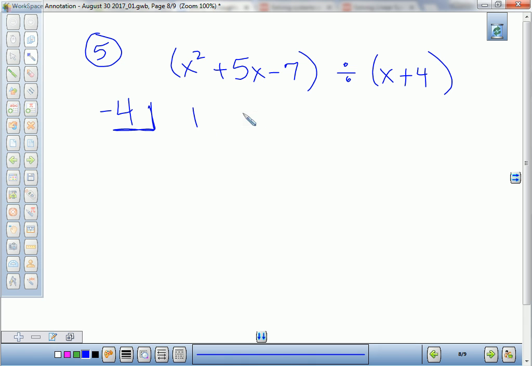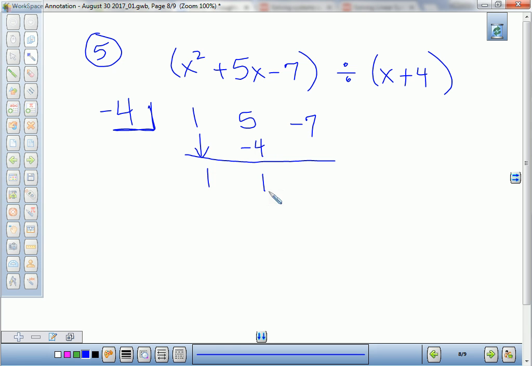So we get 1, 5, negative 7. Then we bring down the first one, 1, we multiply by negative 4, and we add.